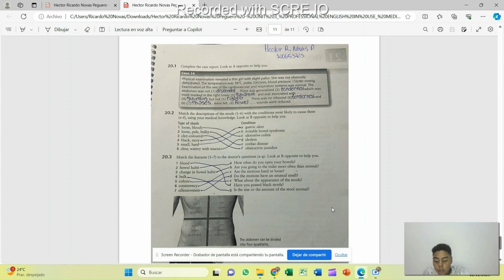There was no rebound tenderness. Bowel sounds were reduced.